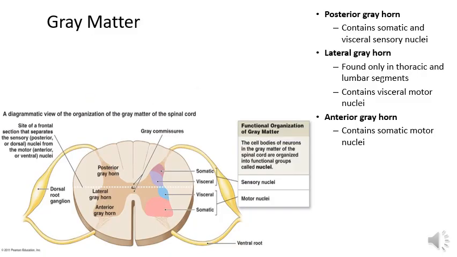Let's take a closer look at the internal connections and the specific clusters of association neurons within the gray matter of the spinal cord. I'm going to focus on the right side of the illustration where I see the dorsal root with its ganglion entering the dorsal aspect of the spinal cord, and within the gray matter I see the posterior horn, and the somatic region there consisting of somatic sensory nuclei.